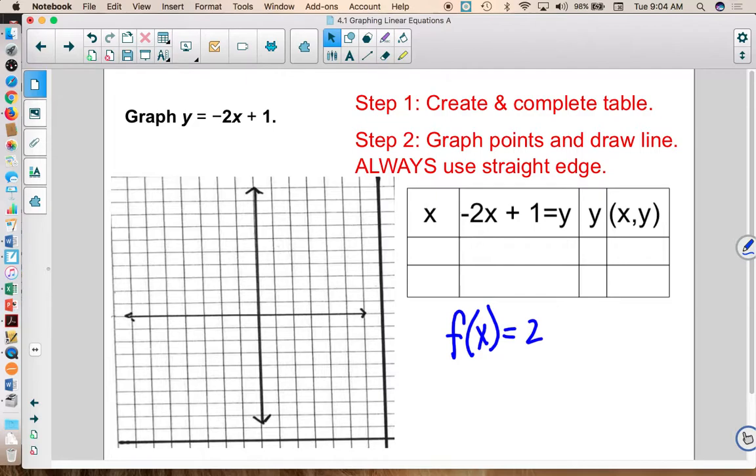Okay? So if x is 2, and you plug it in, negative 2 times 2 plus 1, what do you end up getting? What do you get there? Negative 3? So my pair is 2, negative 3.